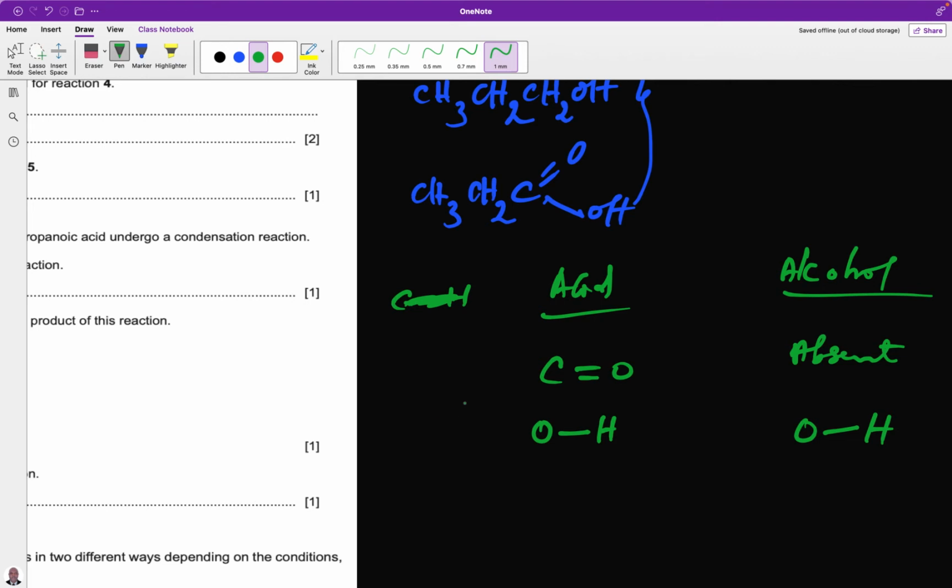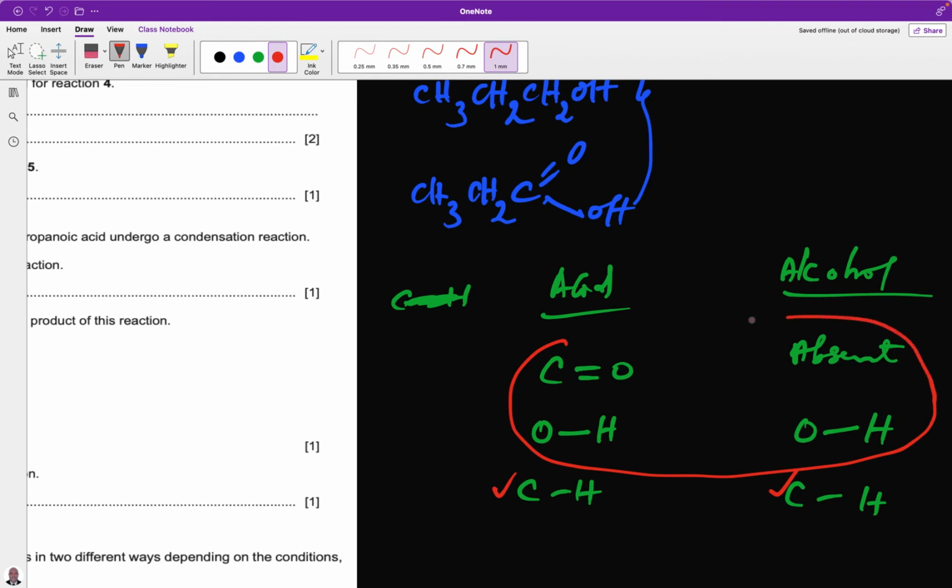Then, of course, all of them have the CH bond. The only difference comes here and here.